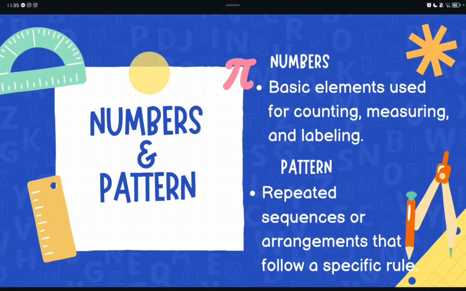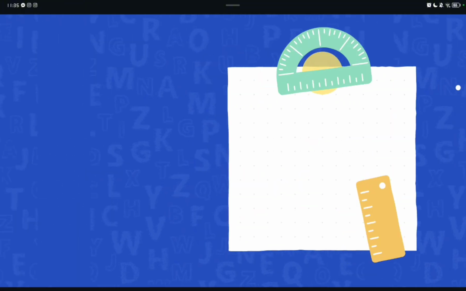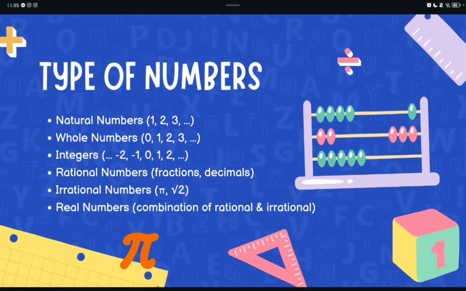And now, numbers and patterns. A number is a basic element used for counting, measuring, and labeling. And a pattern is a repeated sequence or arrangement that follows a specific rule. There are types of numbers. Natural numbers, also known as counting numbers, are like 1, 2, 3, 4, and so on.